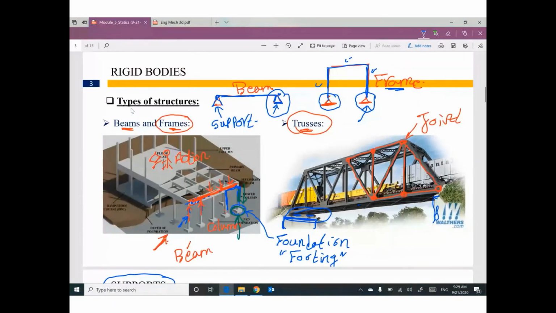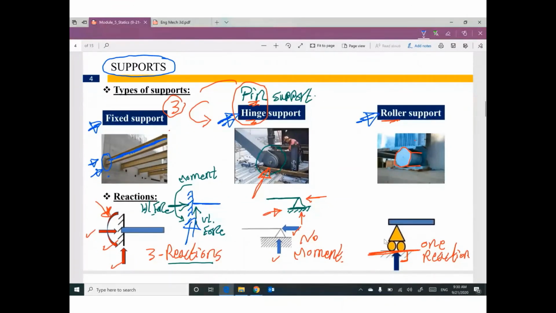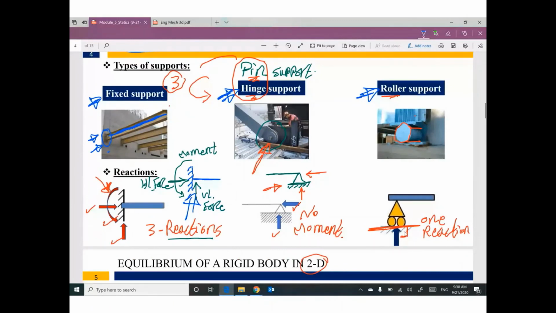We learned we have 3 types of supports: fixed support, hinge support, or roller support. Hinge can be called pin. If your support is fixed, we have 3 reactions. Hinge, we have two reactions. Roller, we have one reaction. And this reaction must be perpendicular to the base of the roller.